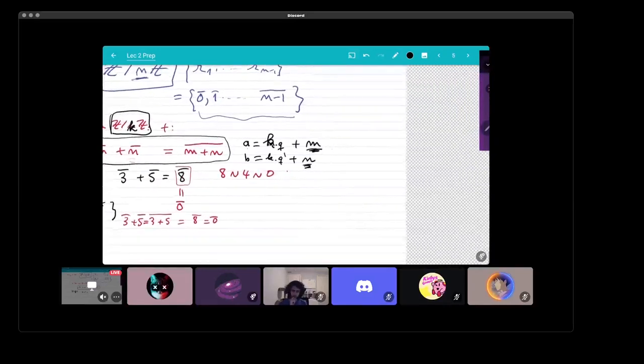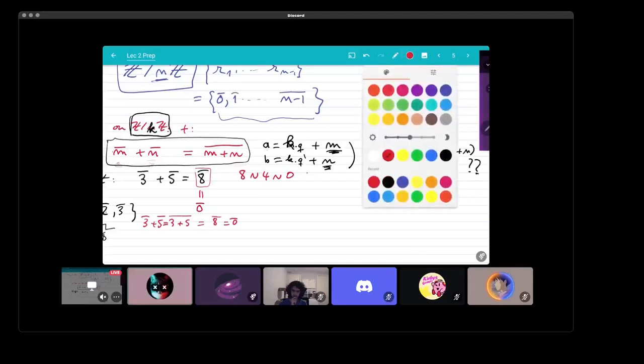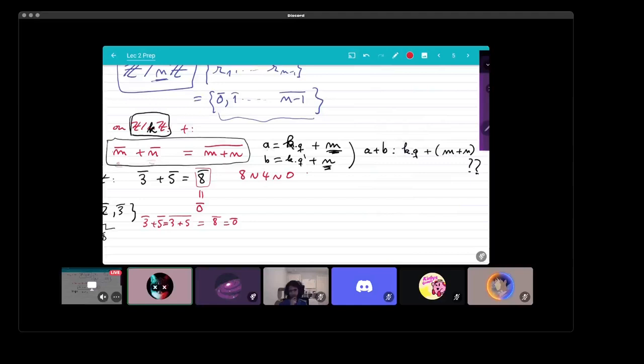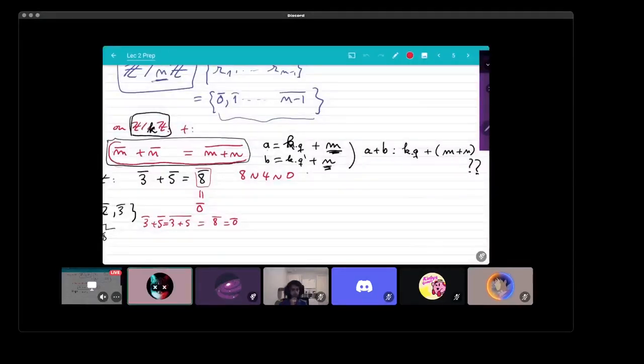Will a plus b divided by k have a remainder of m plus n? That's what this law being well defined would mean.